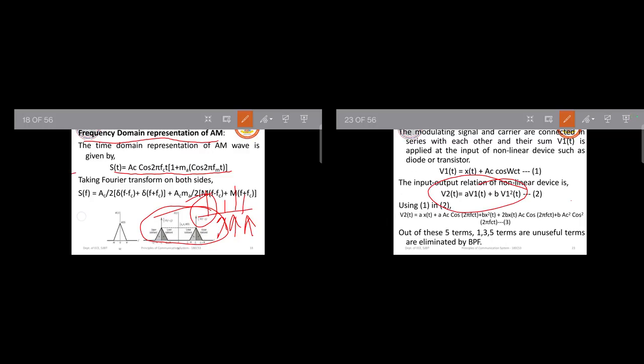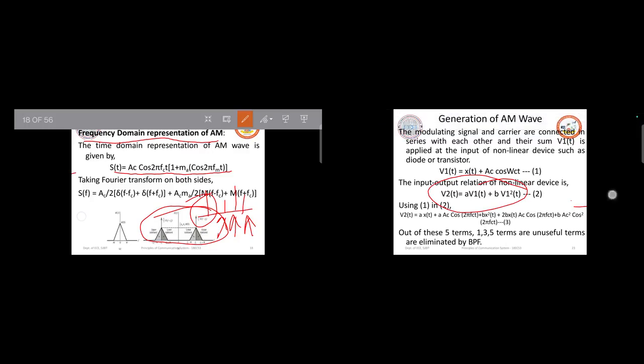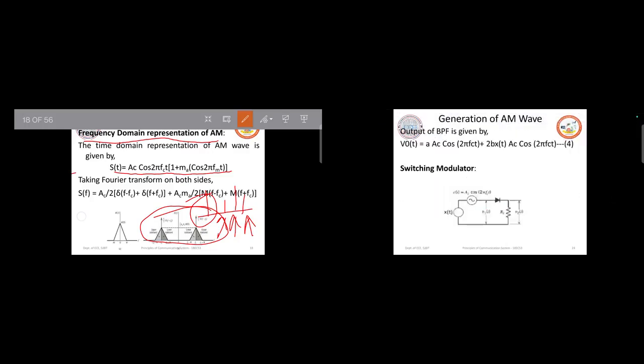Further, if you write it out, what you will get is an equation like this. So this is the output of the bandpass filter, which is equivalent to your amplitude modulation. In the next video, we'll see the switching modulator.